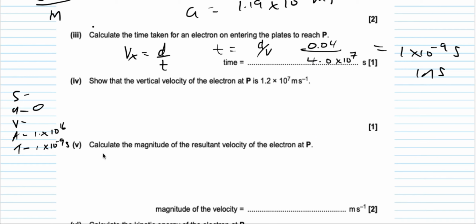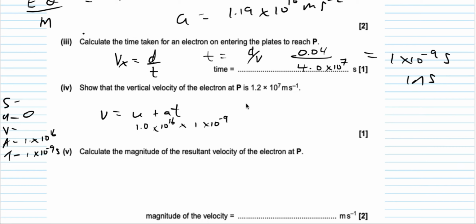So I would suggest that we use v is equal to u plus at. When we had calculated our acceleration, it gave us 1.2 times 10 to the 16.